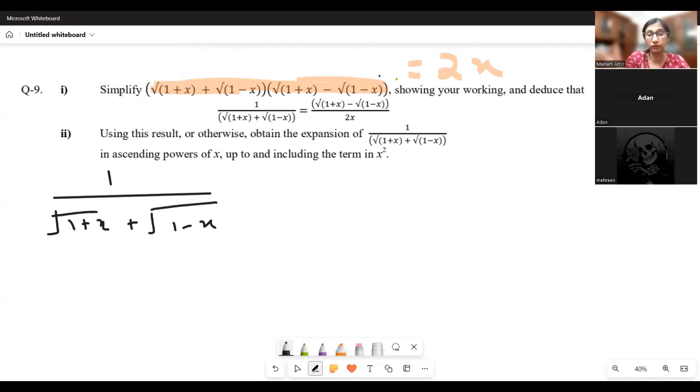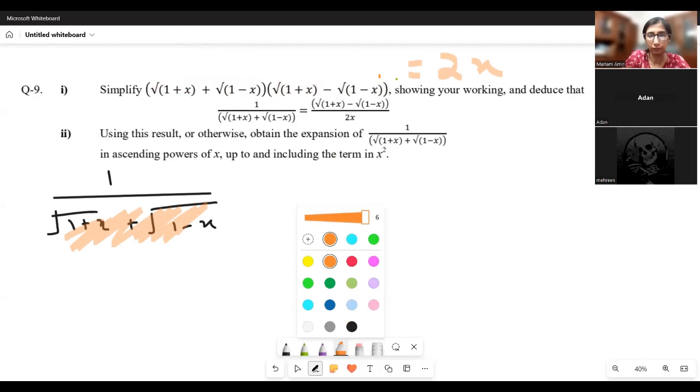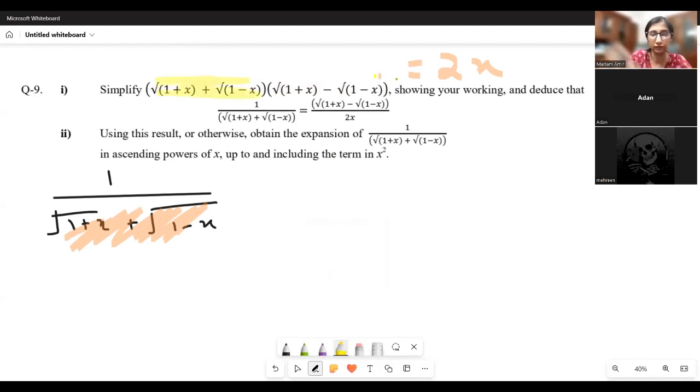So what I'll do is, I want to change this into 2x, because I know that when I multiply this bracket with the other bracket, I get 2x. So I already have part of that bracket.